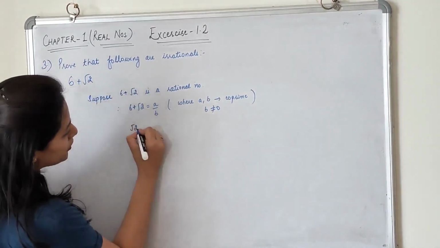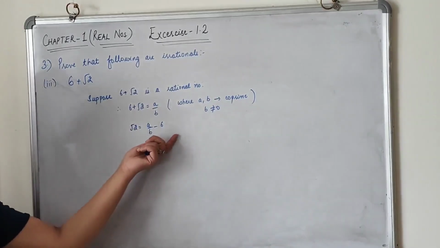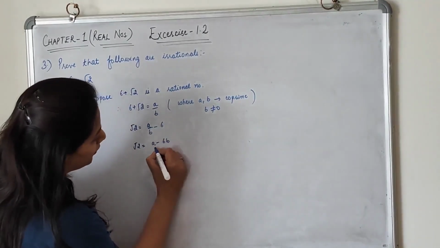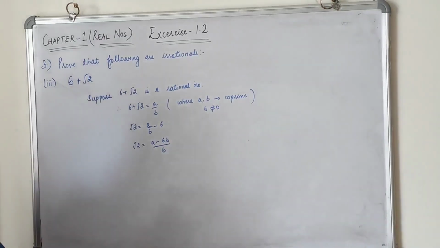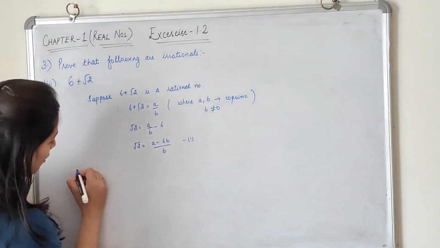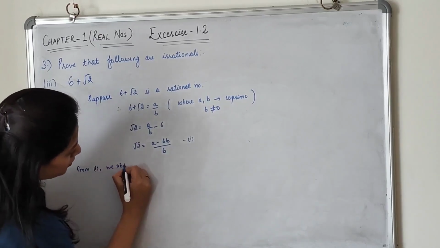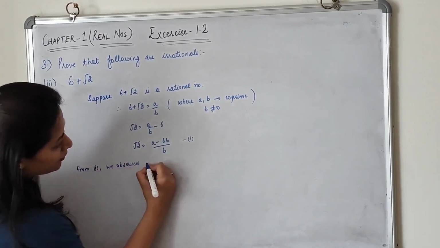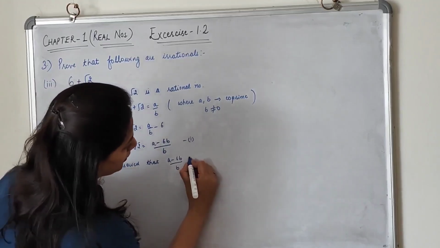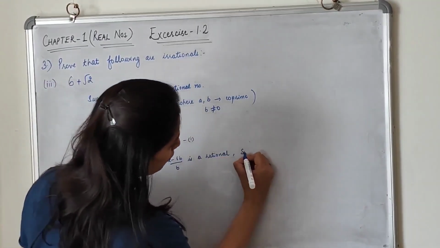Rearrange these values, what do we get? Root 2 is equal to A by B minus 6, and take the LCM of this right hand side part, what do we get? Root 2 is equal to A minus 6B upon B, and make it equation 1. So from 1 we observed that A minus 6B upon B is rational.